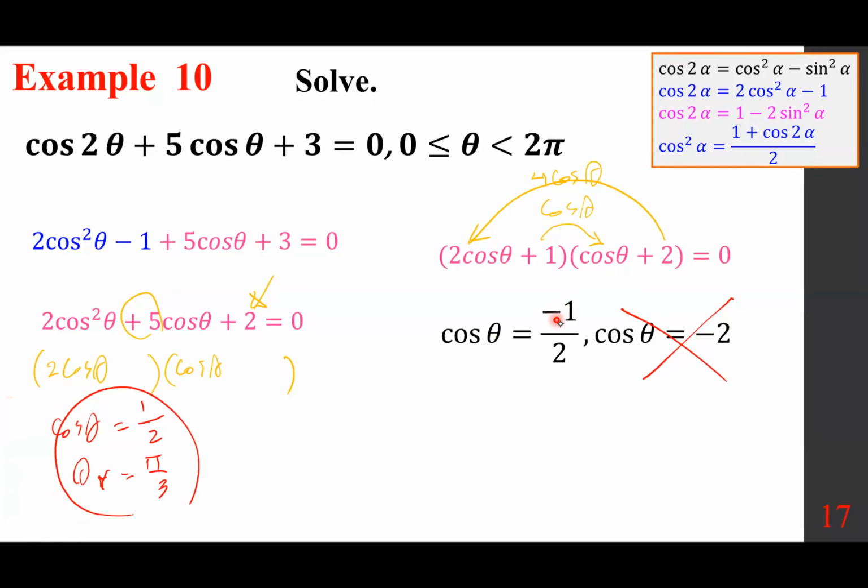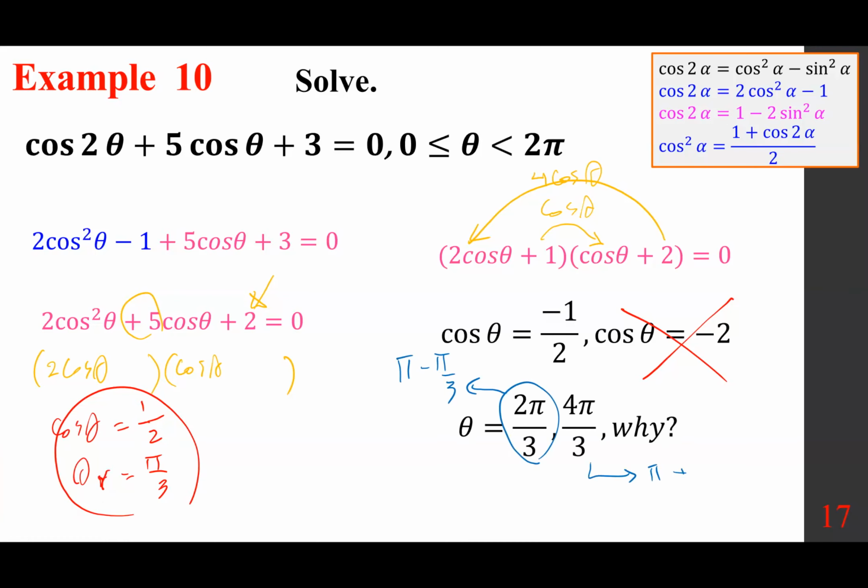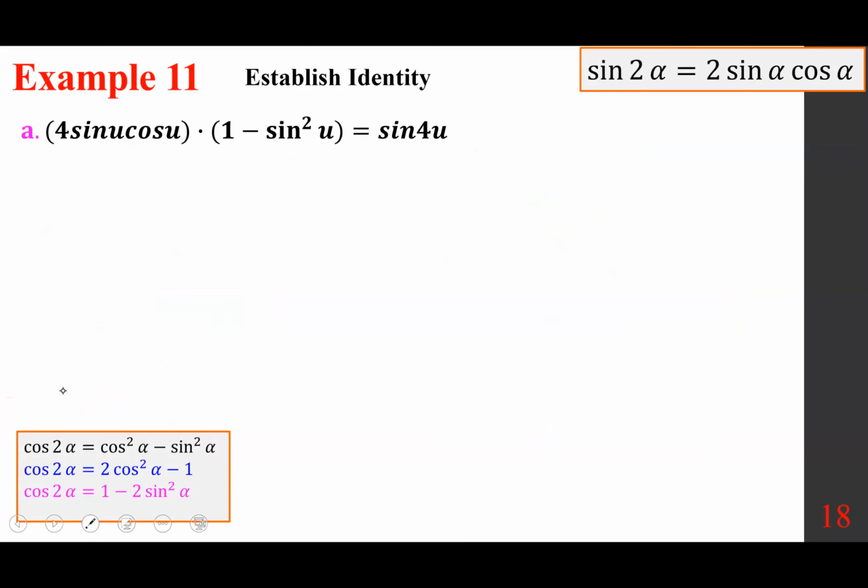In the third quadrant, it's pi plus pi over 3. So this would be pi minus pi over 3. This would be pi plus pi over 3. So of course, you have to do this pretty fast, but I'm still reminding you of what we have done long ago.